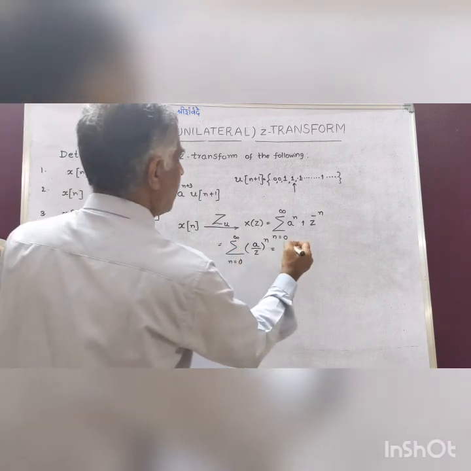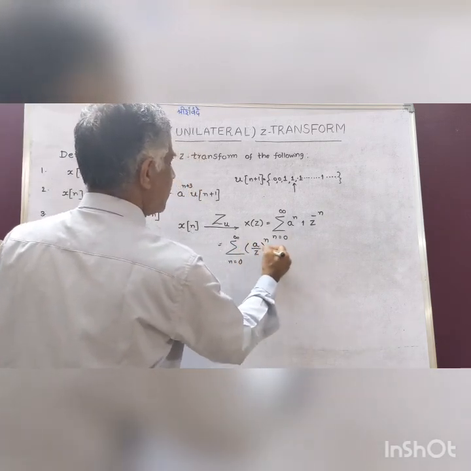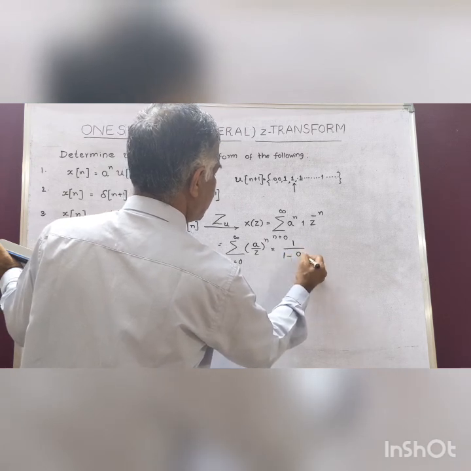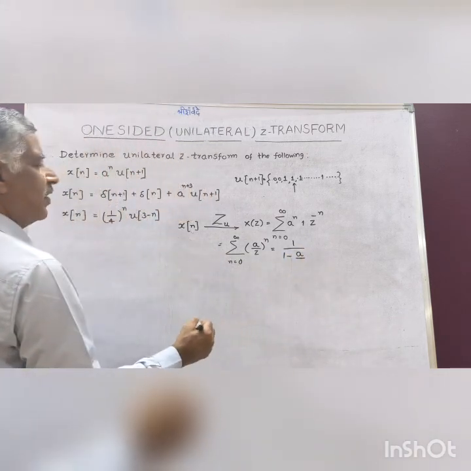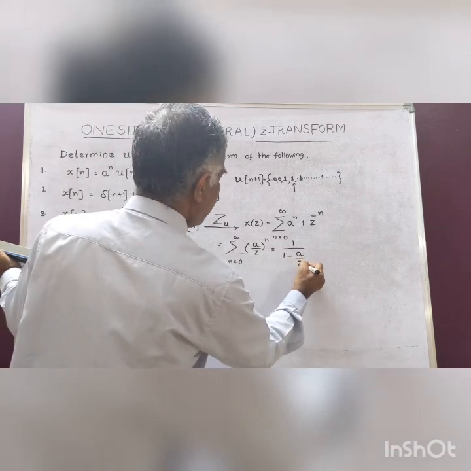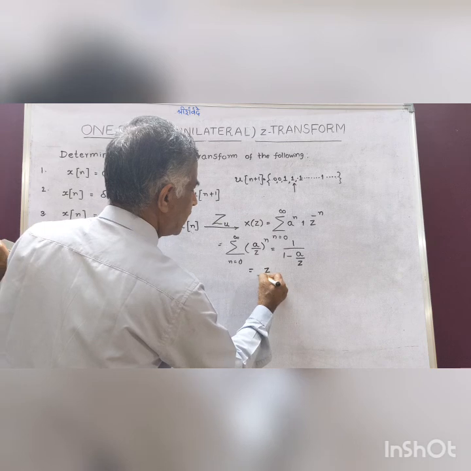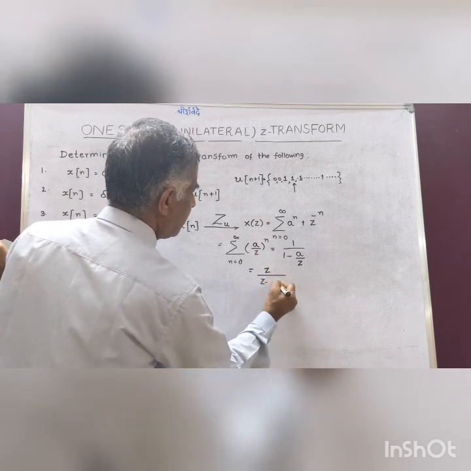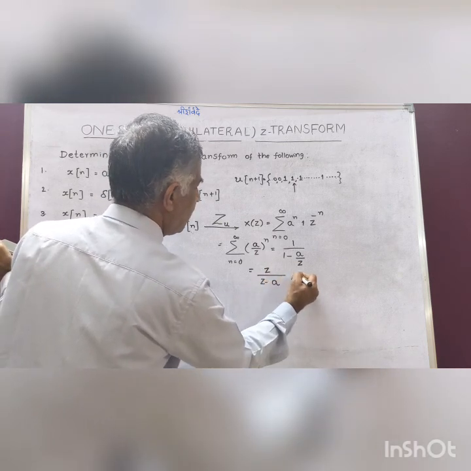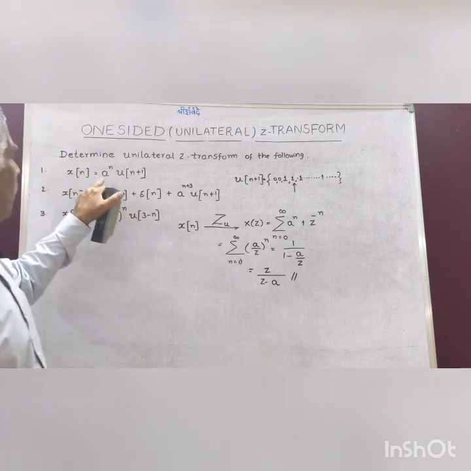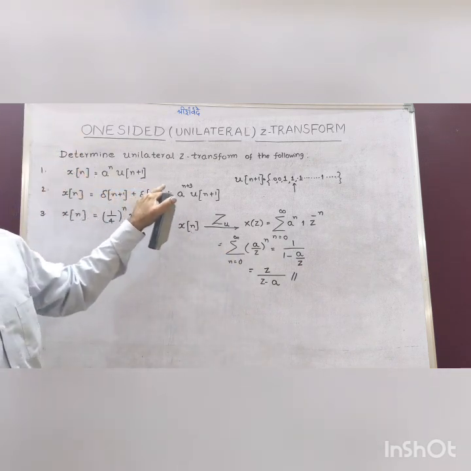Now the Z transform of this is 1 over 1 minus a by z, that is z over z minus a. So this is what is called the unilateral Z transform of a power n u of n plus 1.